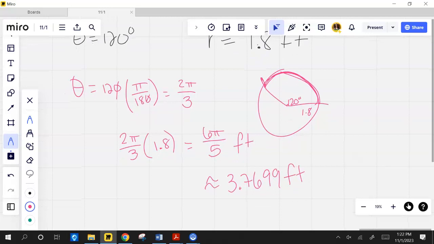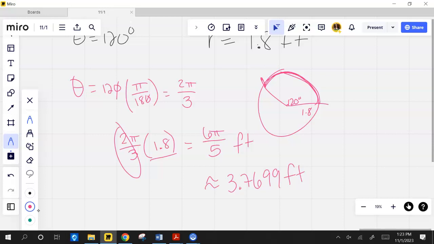I did 2 over 3 times 1.8 on my calculator, and then I did math enter. Then divide by 3 and hit math enter. Okay. So enter.